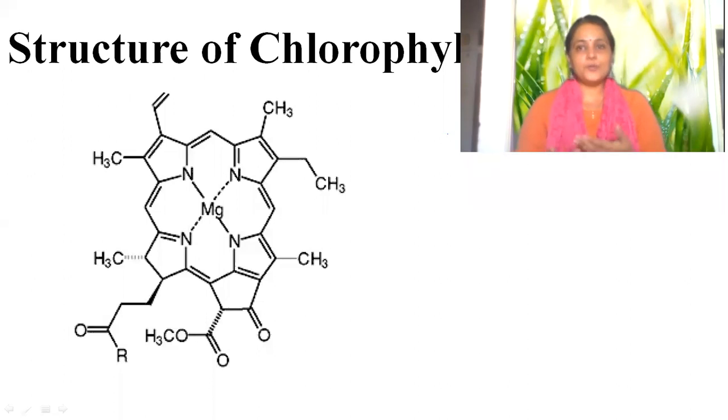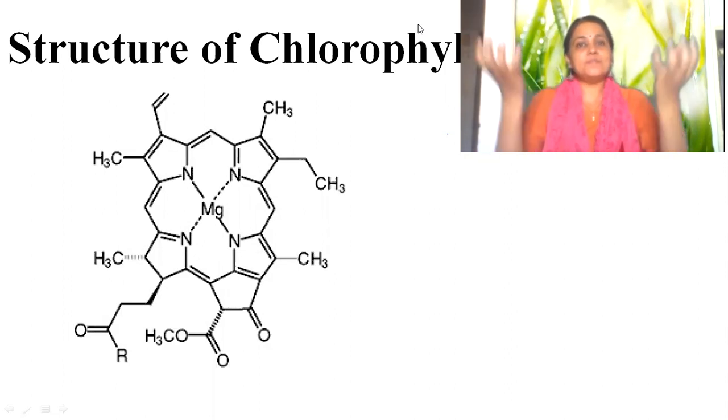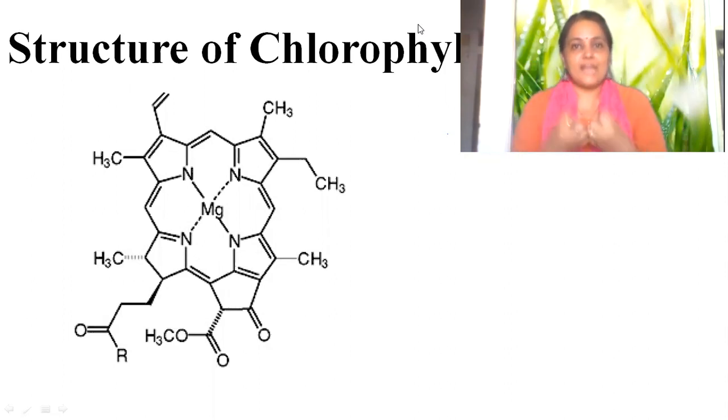I hope you have all seen a solar panel. A solar panel is a flat structure, right? It is open, so it can absorb a maximum amount of light during the daylight. This chlorophyll molecule is the same as a solar panel.